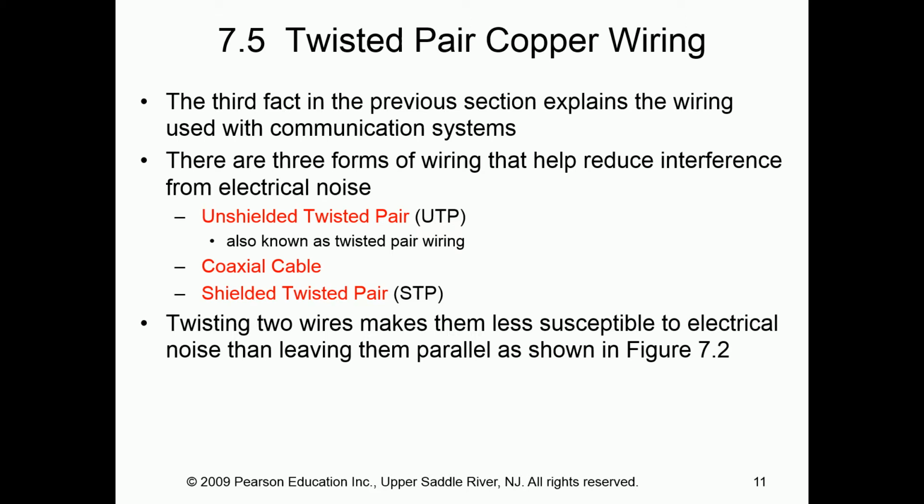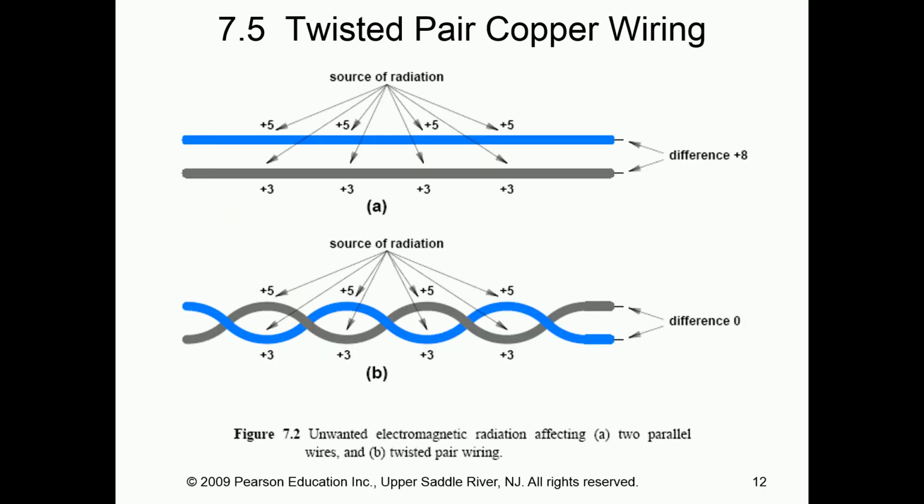So the main difference between UTP and STP is UTP has no shield. STP does. So now that we have that basic understanding, we can actually look at why they're twisted. If the wires are not twisted, you'll actually see a source of radiation. There's going to be a difference in the cables.